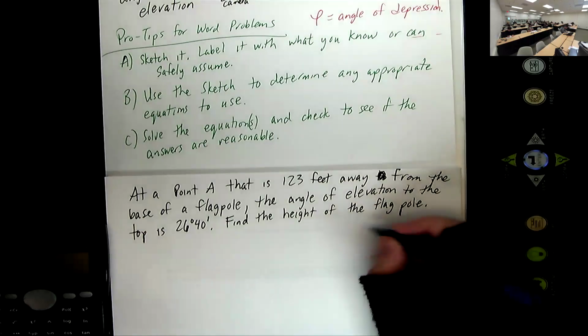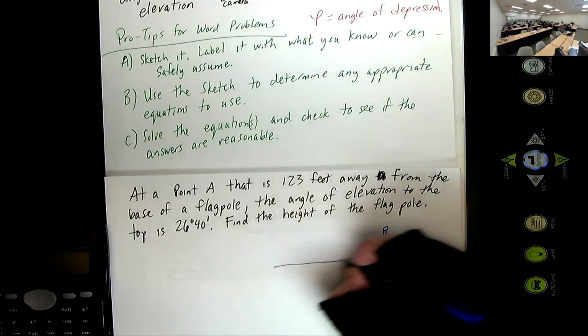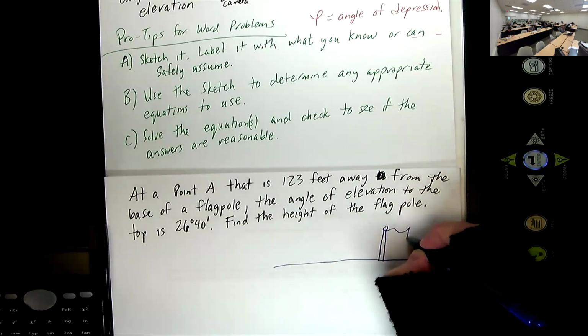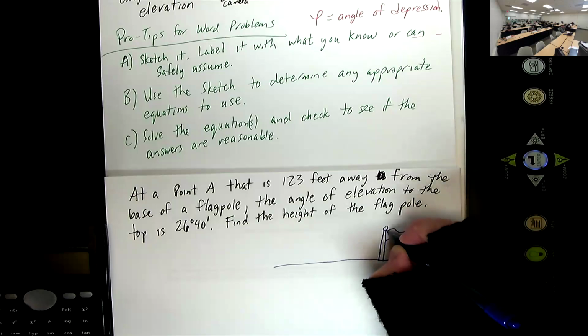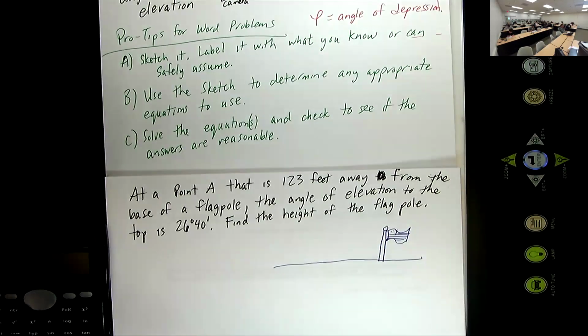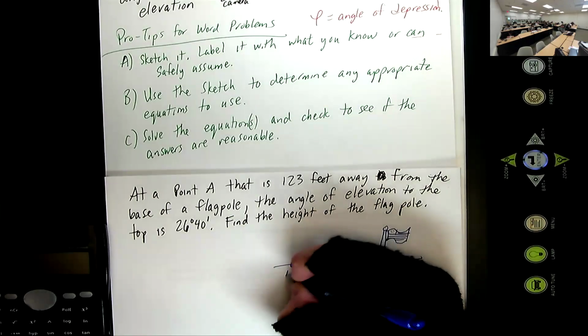It says we got a flagpole, I'm going to make a little flagpole. Pick our flag. Quick little sketch of our flag. And it says there is a point A a distance away from the base, so it's along the ground.